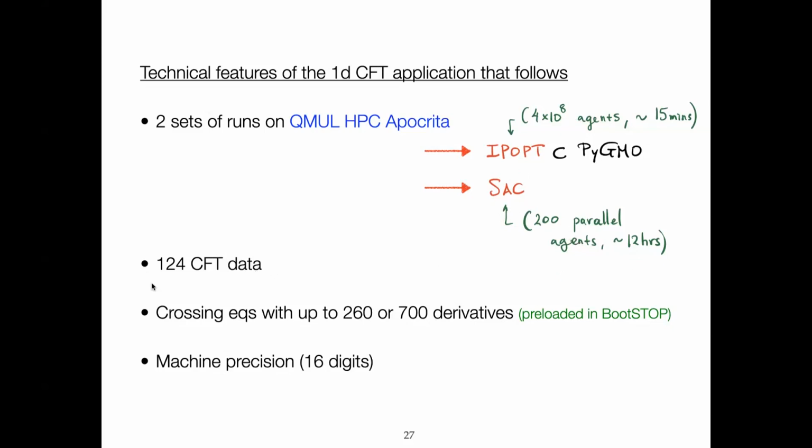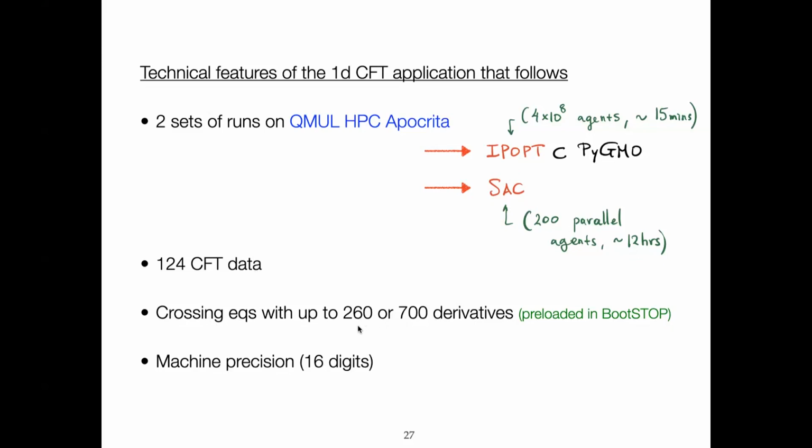The optimization problem we tried to solve has 124 data, so a few hundreds of safety data. We could include more, but we didn't because it didn't seem that there was any benefit in that. And when I write down this vector of crossing equations, when I discretize it, I take derivatives of hypergeometric functions.